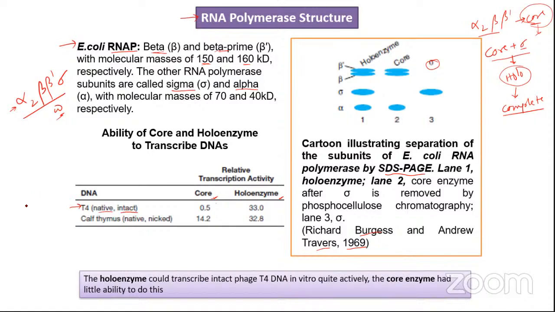It is an unbroken and well-to-do DNA molecule. So it was taken from the T4 E. coli phage. Now, when you give native, intact DNA molecule to the core enzyme and to the holo enzyme, which is seemingly giving you better activity?